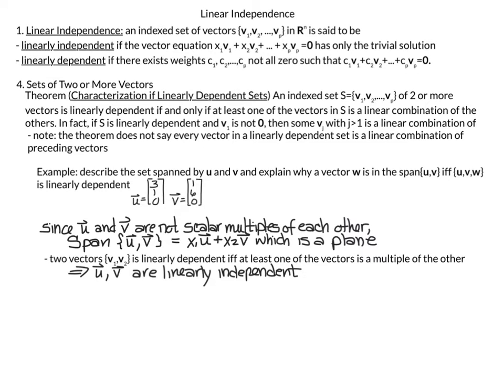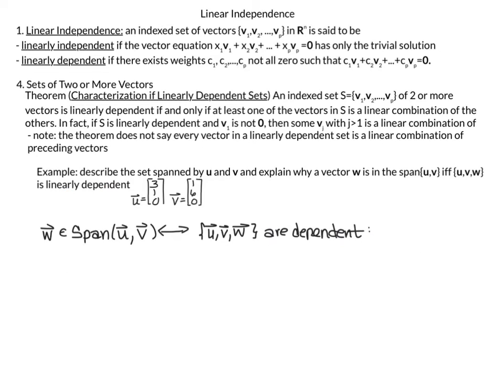Now we can go on to part B, which says w is in the span of u, v if and only if u, v, and w are linearly dependent. I'm going to start by rewriting this statement: w is in the span of u, v if and only if u, v, w is linearly dependent. I'm writing this biconditional with arrows.